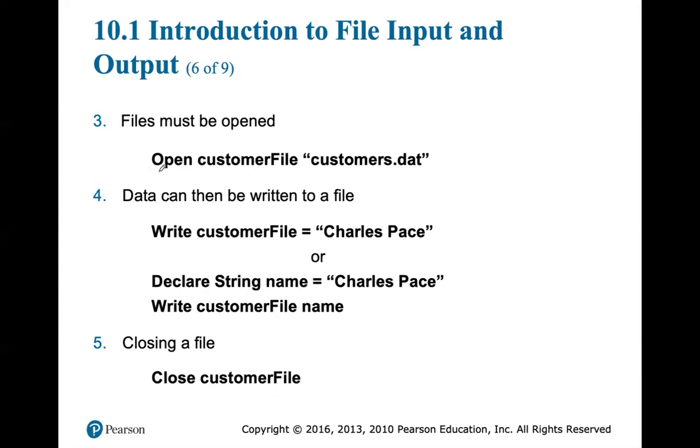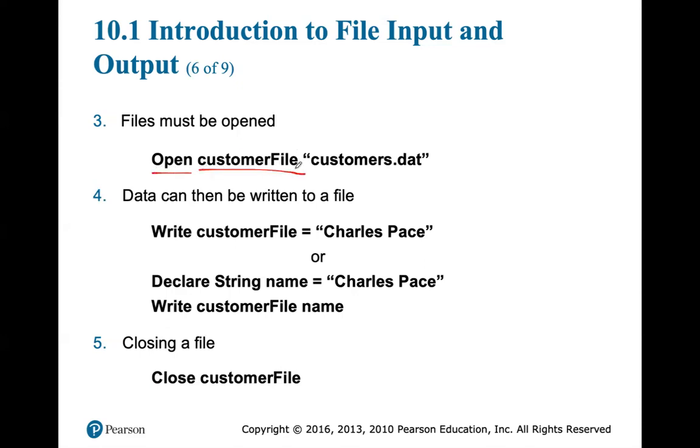Also, it's pseudocode, so the rules are not strict with pseudocode. However, when you come to working with other programming languages, they will have specific rules for how you have to open the file, how you can work with files, how you can close a file. But in pseudocode, it's simply just open.